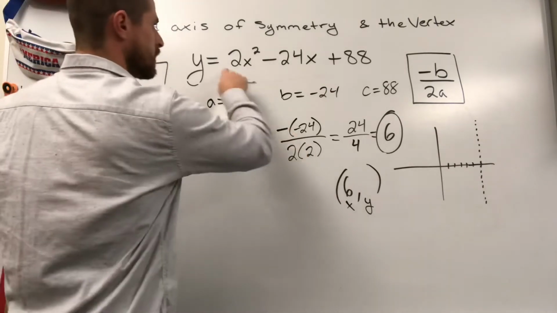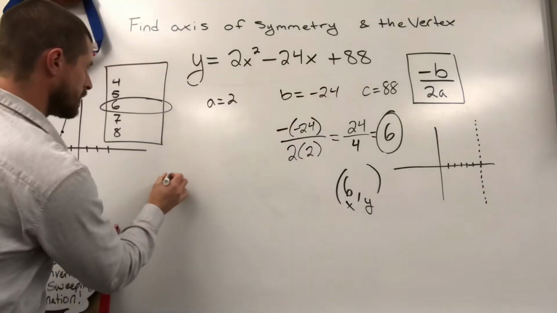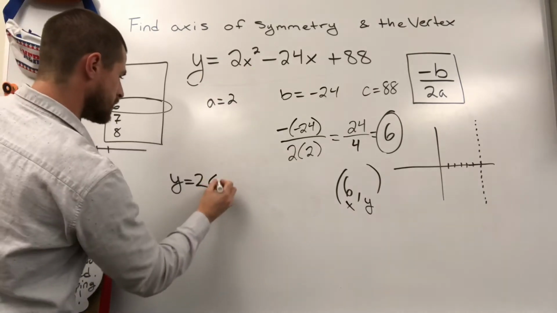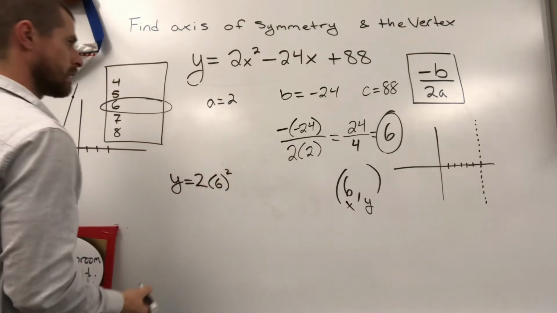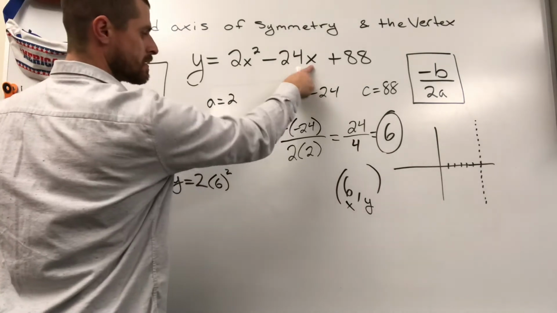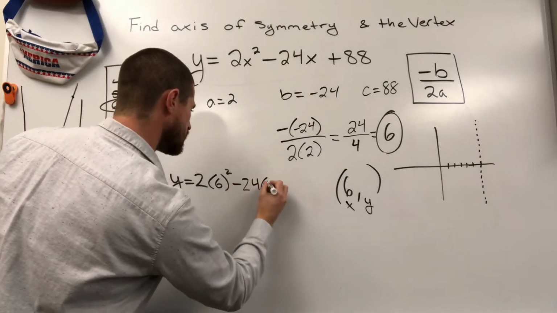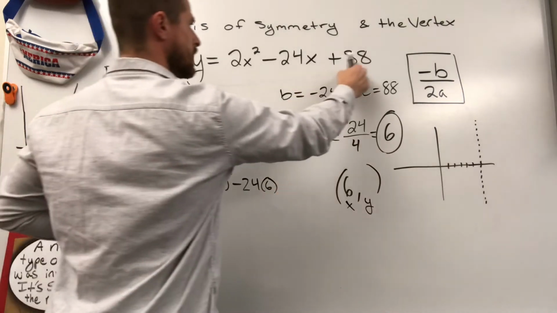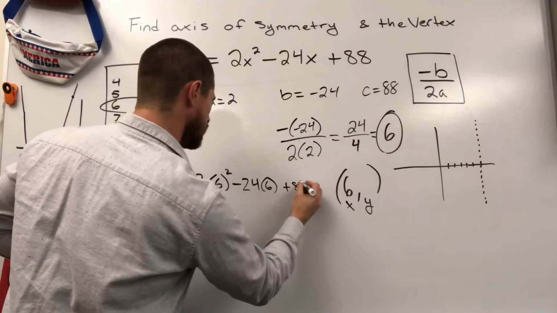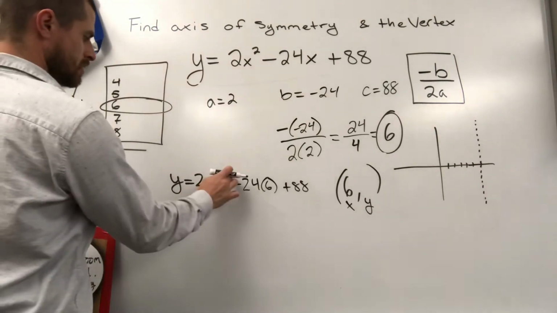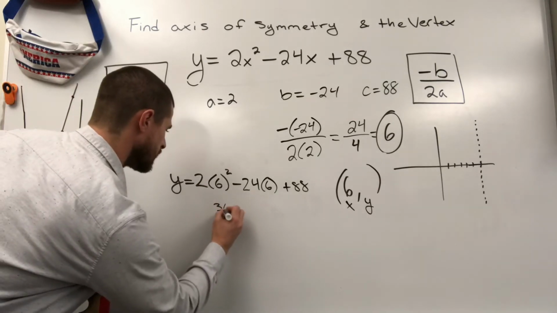Take 6, let's plug it into the original quadratic. Y equals 2 times 6 squared minus 24 times 6 plus 88. Okay, and then we just work through it. So what we're going to do here is we're going to say 6 squared, which is 36.